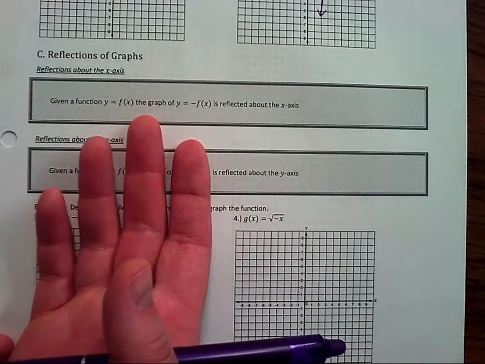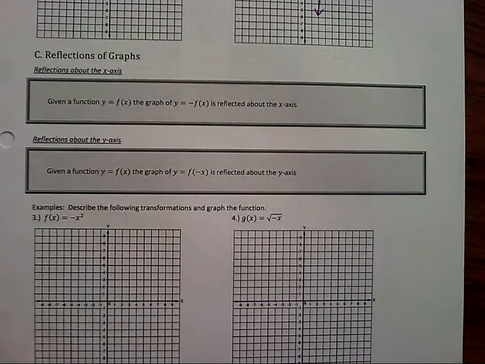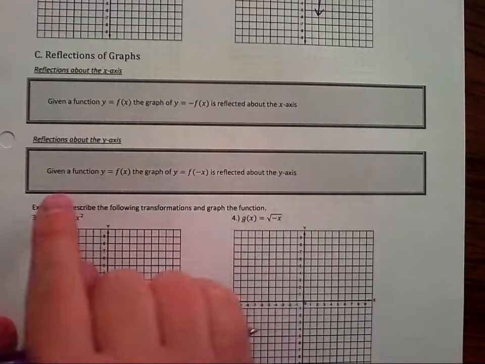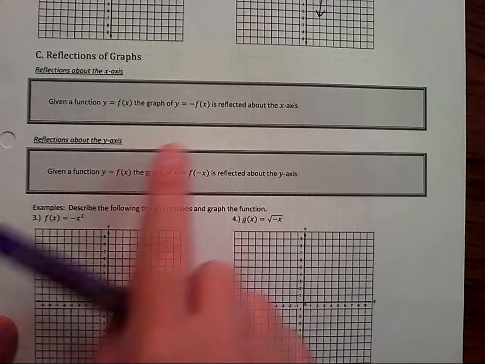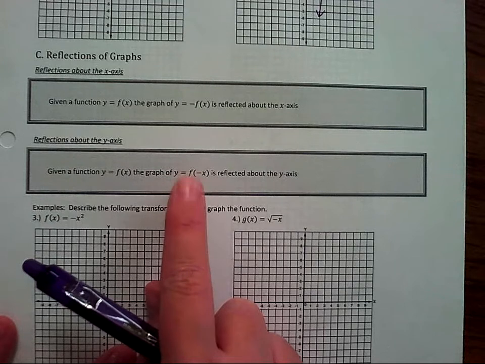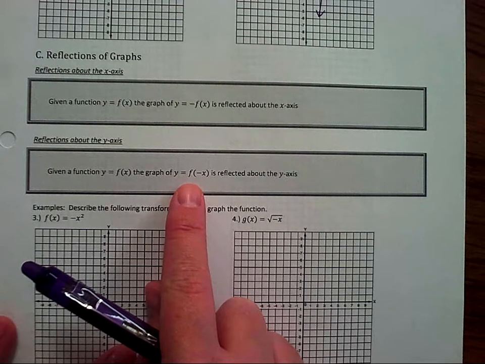Why is this kind of easy to remember? Why does this make sense? This is reflected about the x-axis. This is reflected about the y-axis. What did we say was reflected about the y-axis? Even functions, right?